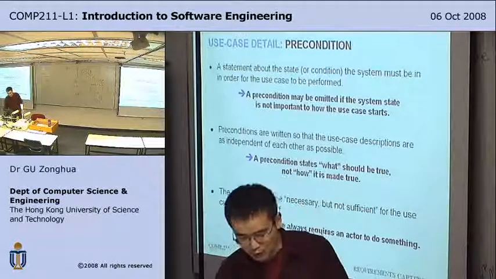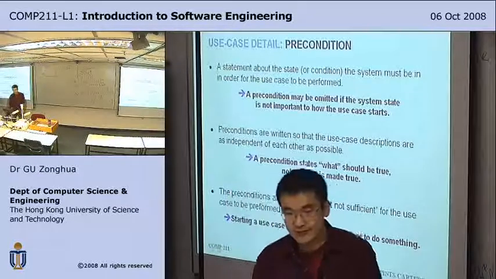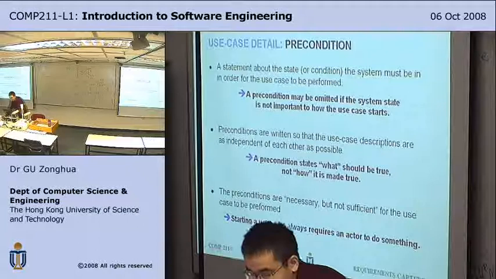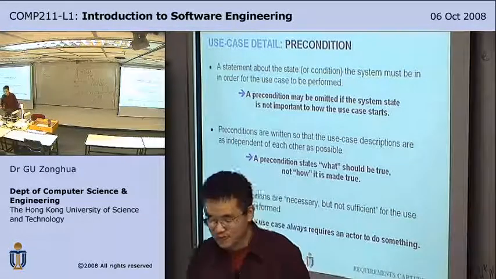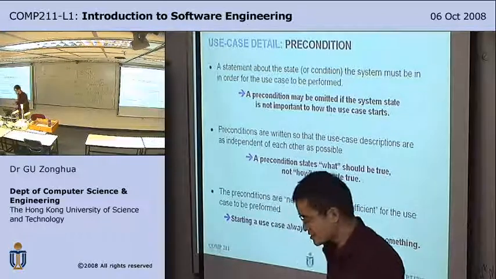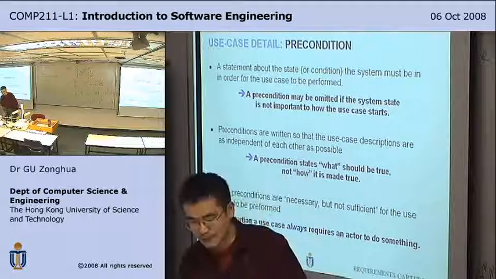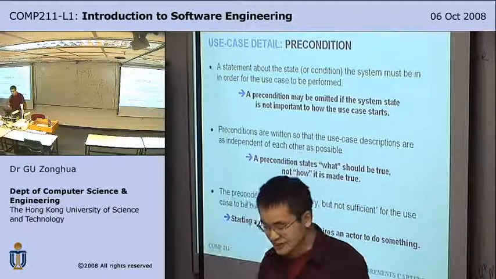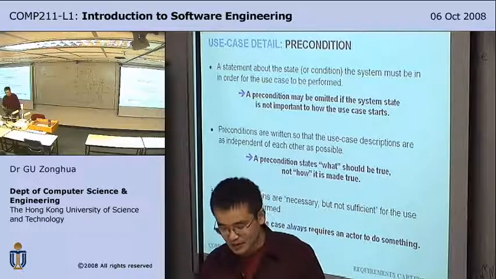Starting a use case always requires an actor to do something. So when you have an arrow pointing from the actor to the use case, it means that the actor is initiating the use case. So the student is initiating the action of registering for courses. There may be a precondition that says the student must not have any outstanding balance on his account as a necessary precondition for the registering for courses use case.